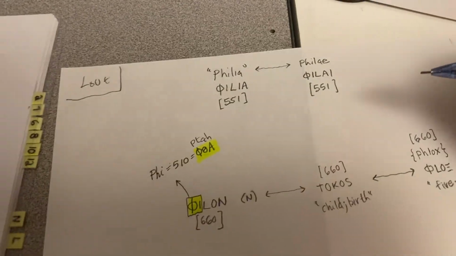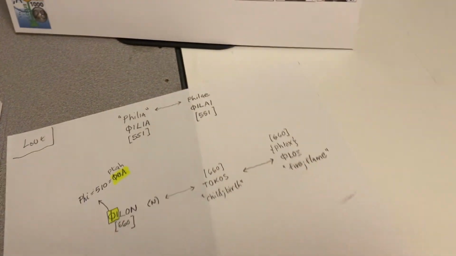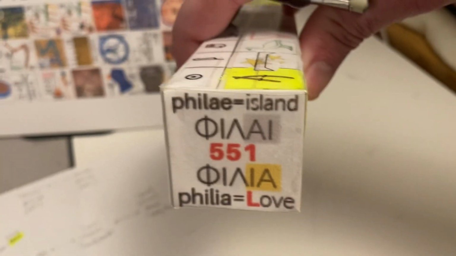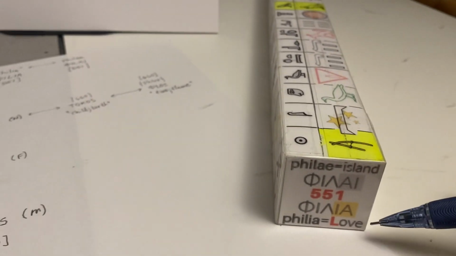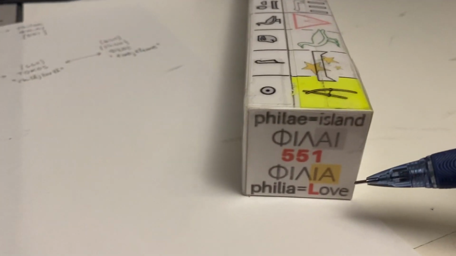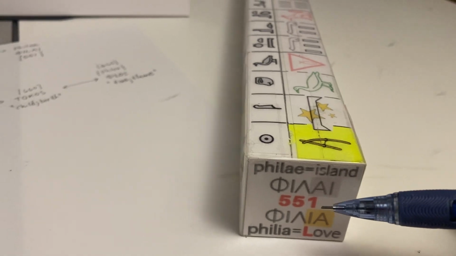So we've already done the Philia cipher, which is on the end of the cubit ruler. One corresponds to Philae Island, one corresponds to Philia, which means love. Only the AI and IA are spelled different, but they both equal 551.